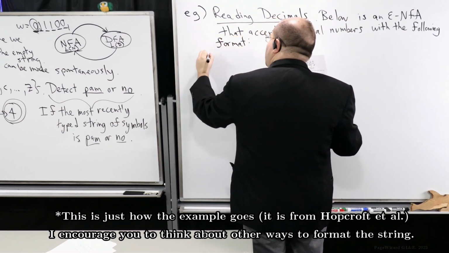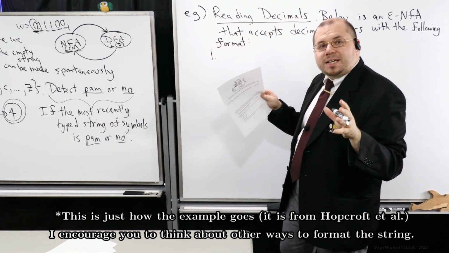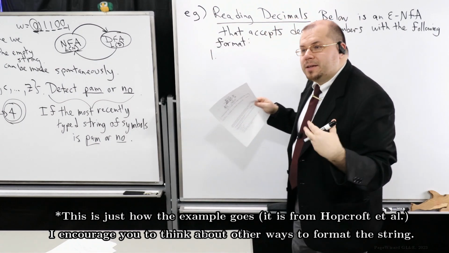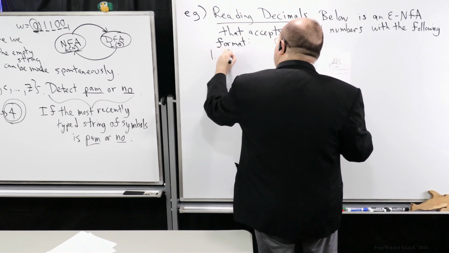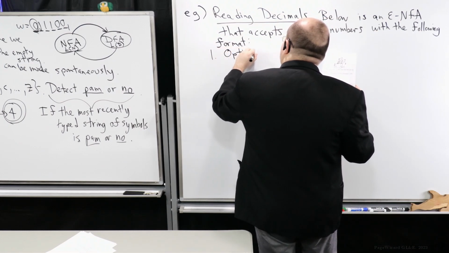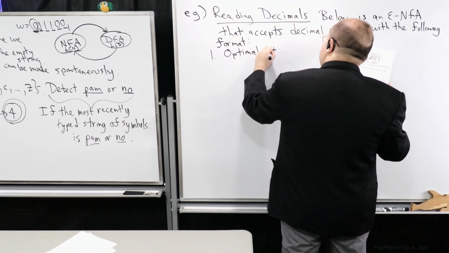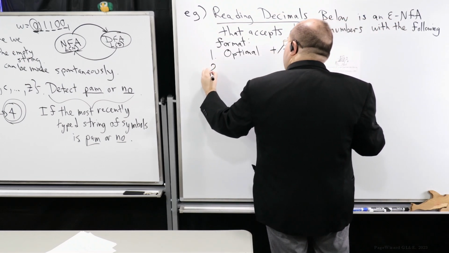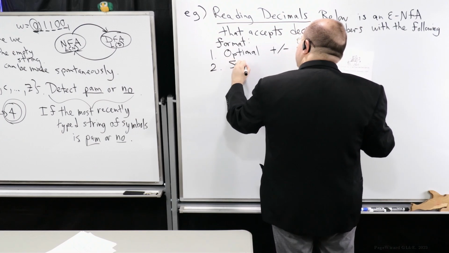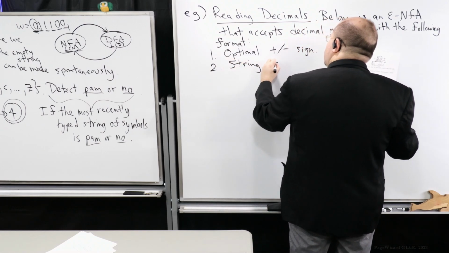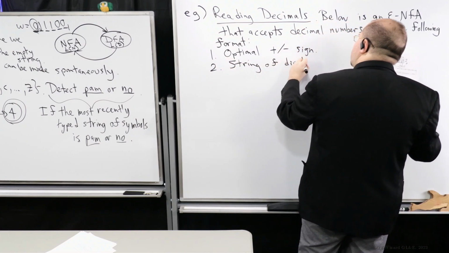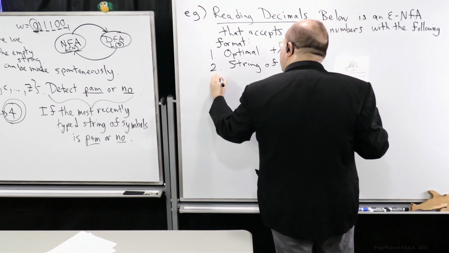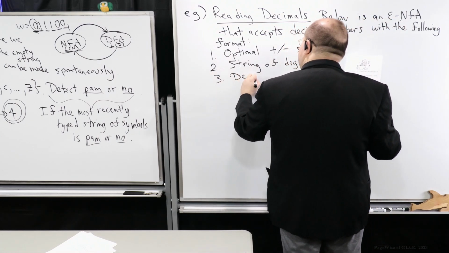So the string is always going to have a particular form. The first thing is an optional plus or minus sign, so it can be positive or negative. It may have a string of digits. Then I'll have a decimal point, potentially.